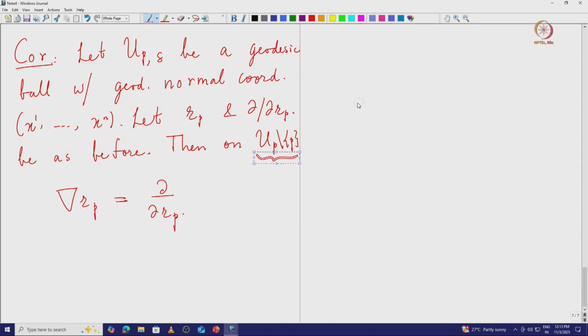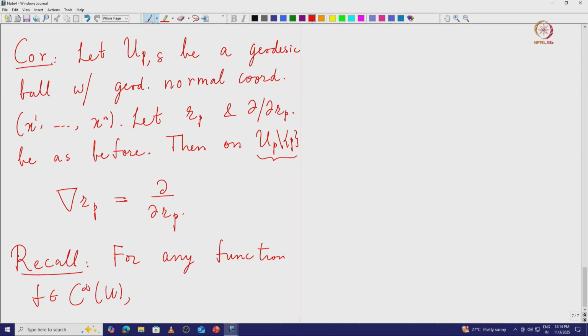So let me remind you of the definition. Recall, for any function f on some open neighborhood U, the gradient at x is characterized by the following property. It is basically just defined to be the sharp of df at x.